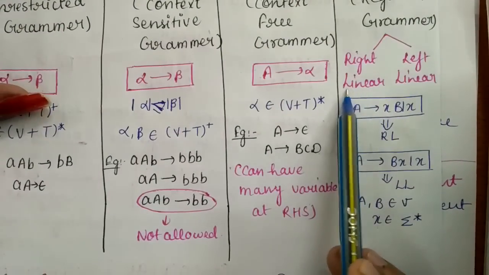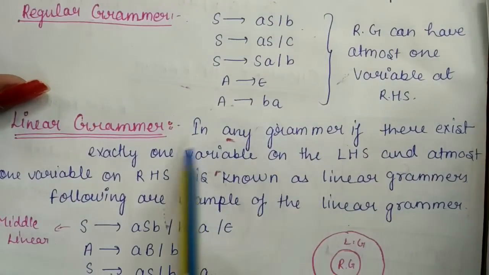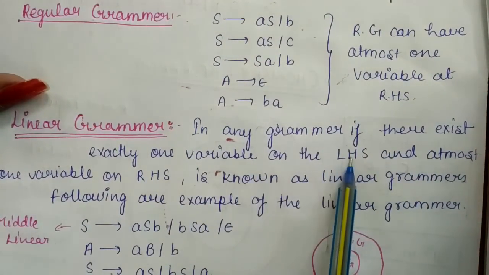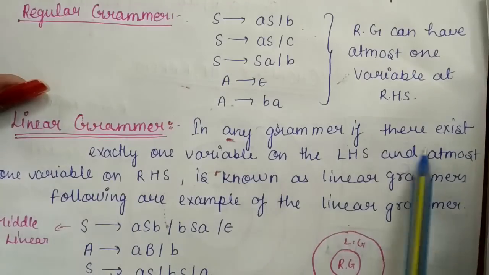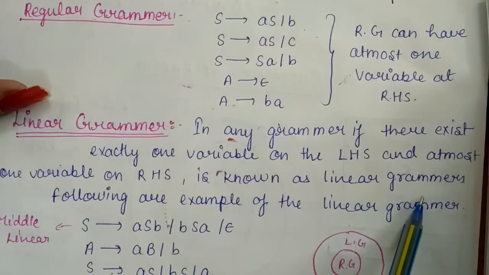Now we are talking about linear grammar. What is linear grammar? In a linear grammar, if there exists only one variable on the LHS, the left hand side, and at most one variable on the RHS, it is known as a linear grammar.